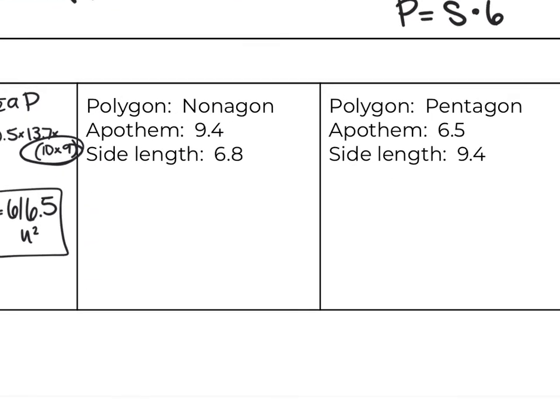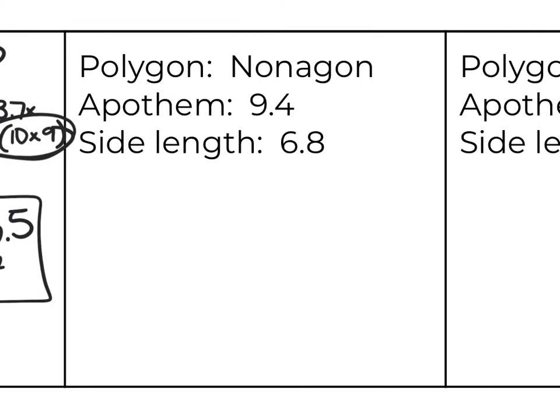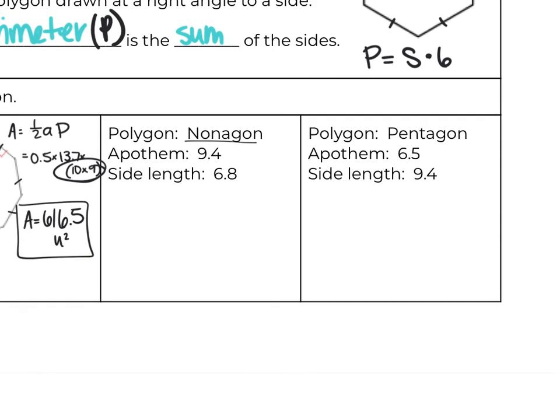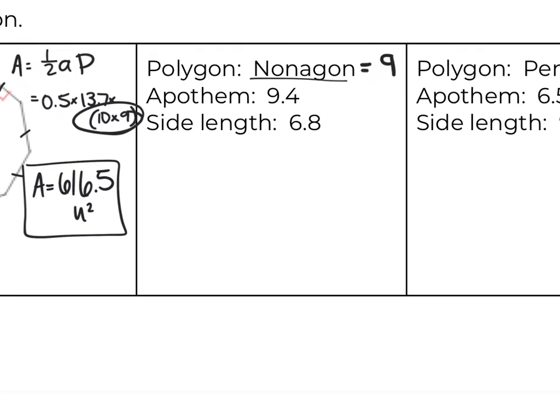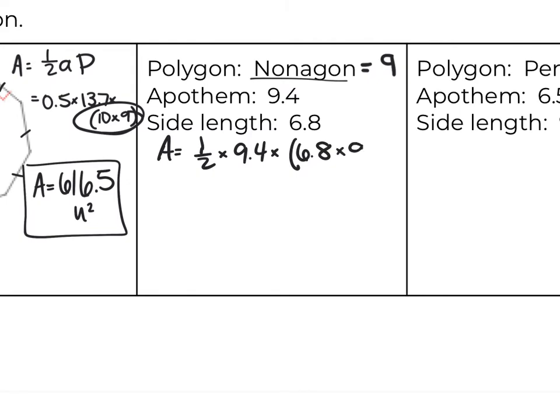Okay, and then these last two, for this section, they give you the name, so you need to know how many sides that is. So a nonagon is 9 sides, whereas a pentagon is 5. The only thing we do different then, so 1/2 times apothem's 9.4, and then for the perimeter, I would do side length times 9.